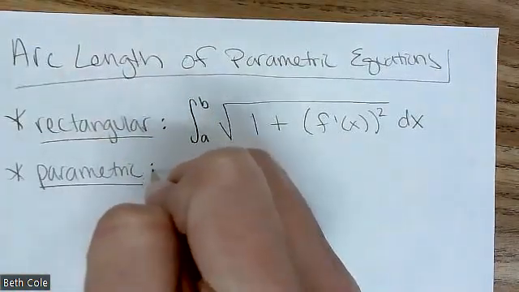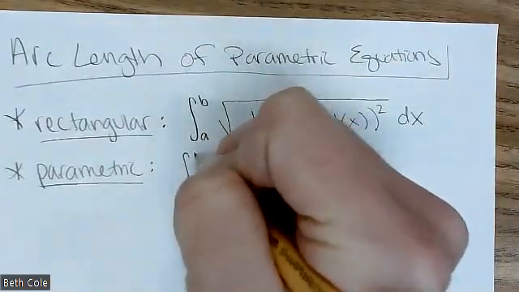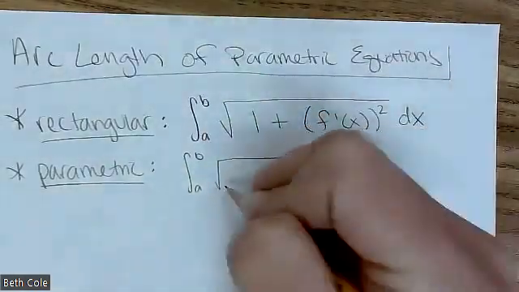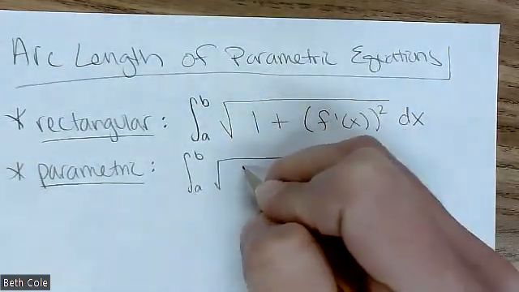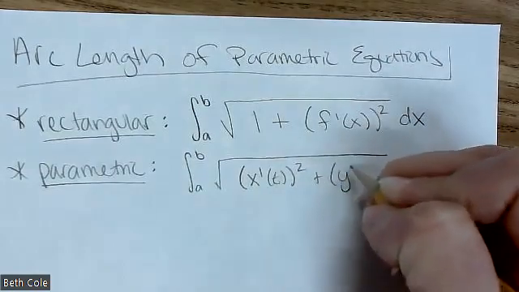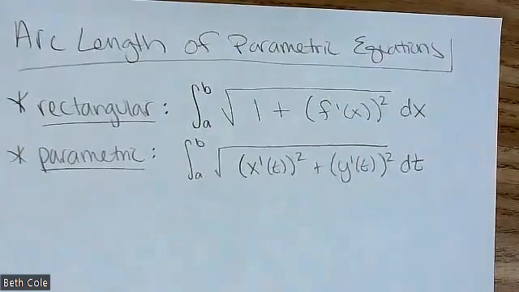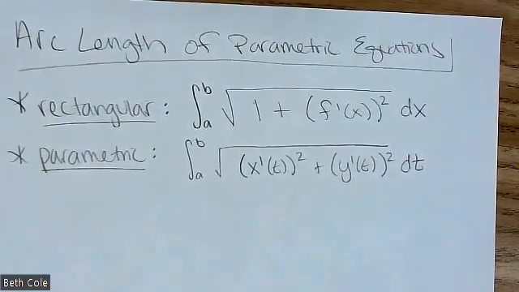let me write it first, and then I'll show you how it actually means the same thing. So you go from a to b, gigantic square root. So here's the slight difference. Instead of in terms of x, it's in terms of t, and that's because both x and y are in terms of t.